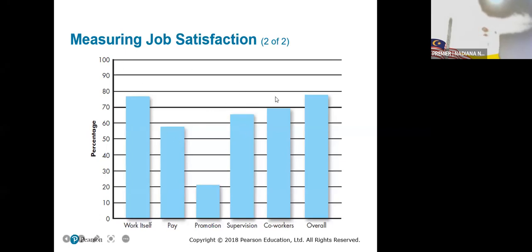Normally they have a Likert scale of 1 to 10, no more 1 to 5. With a 1 to 10 Likert scale, the people answering the question have more options to choose from, compared with a 5 Likert scale.